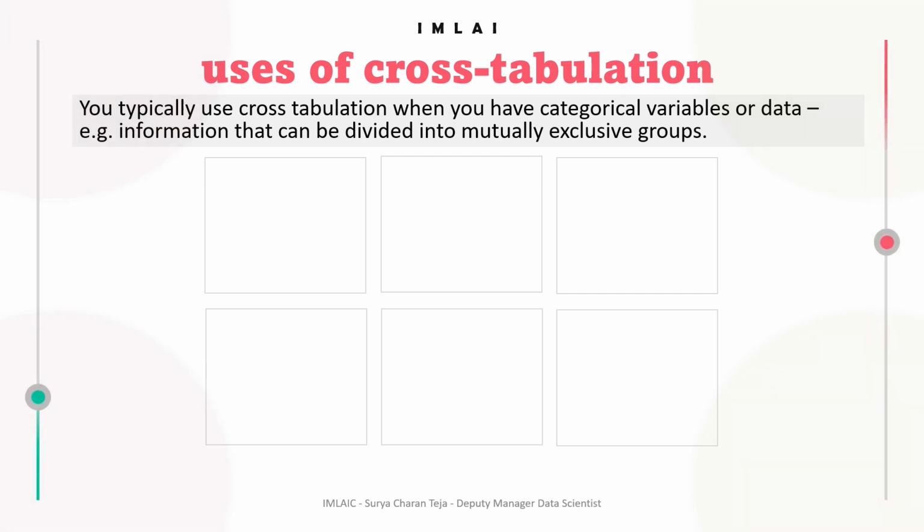Another example of when to use cross tabulation is with product surveys. You could ask a group of 50 people, do you like our products? Once you get the survey result, use cross tabulation to get a more insightful answer rather than just recording the 50 responses.